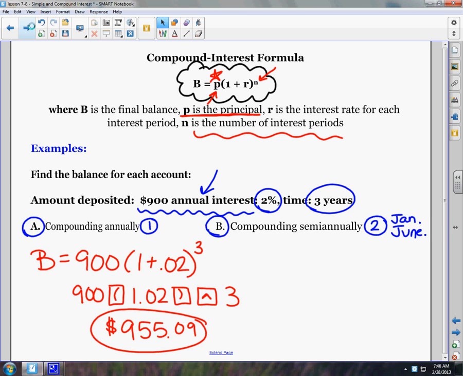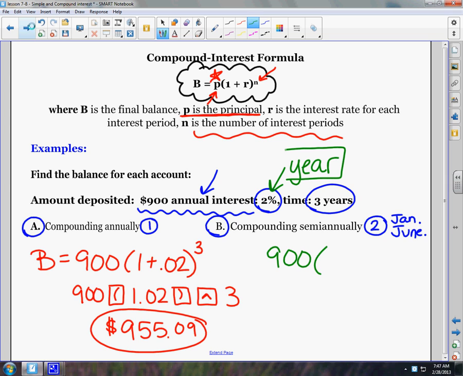All right. Now, compound semi-annually means you have to take whatever you're going to get and divide it in half. So, I'm going to start with my $900, okay? Now, my interest rate, I get 2% a year. But if I do it twice a year, that means I have to break it up. I have to get 1% in January and 1% in June.